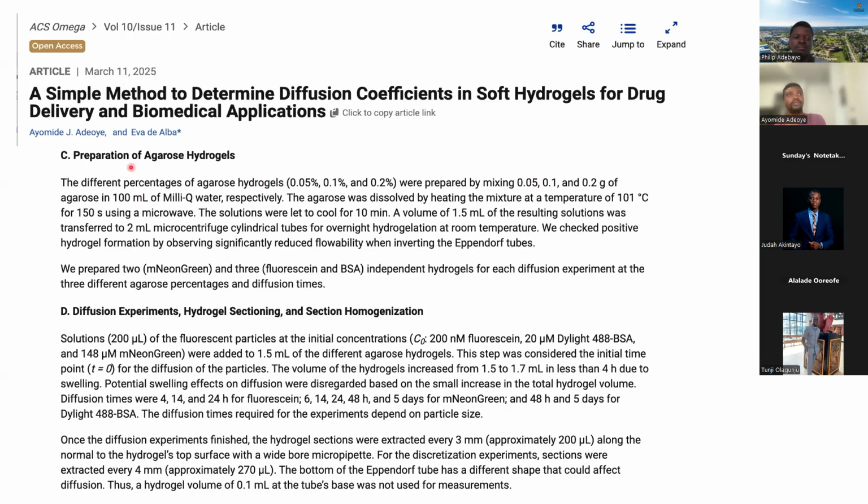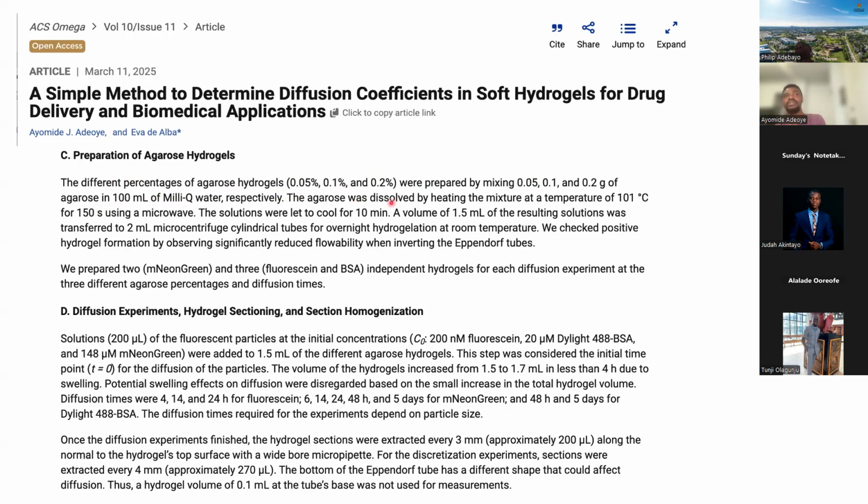In the preparation of my hydrogel, see how my research methodology goes. I say the different percentages of agarose hydrogel, 0.05, 0.1, and 0.2, were prepared by mixing 0.05, 0.1, and 0.2 grams of agarose in 100 milliliters of water, respectively.